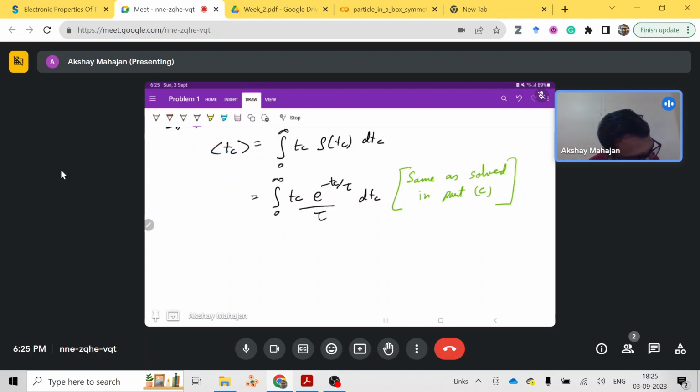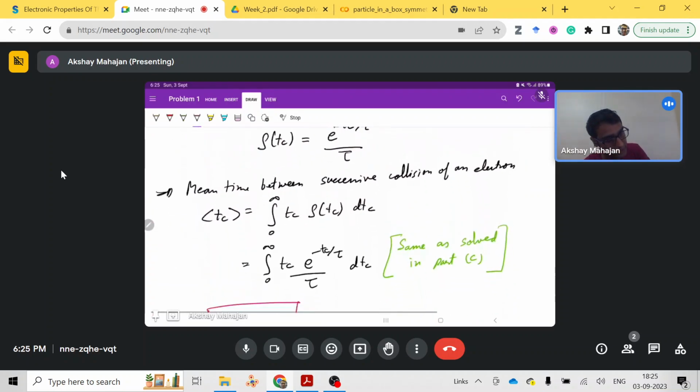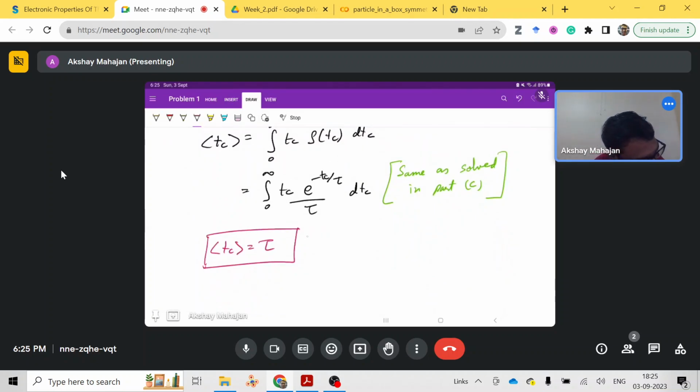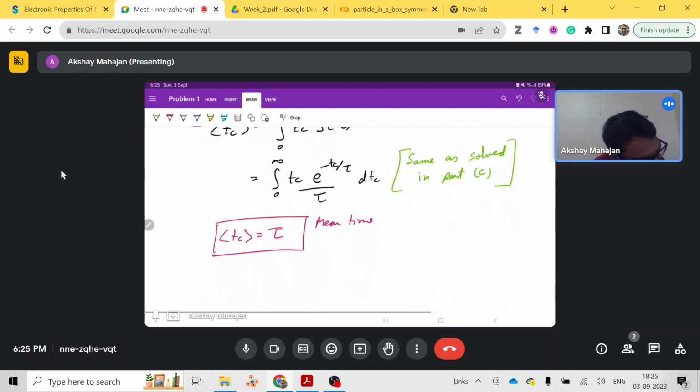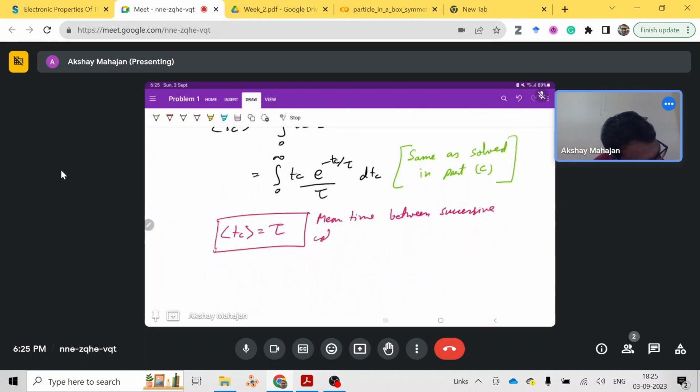Average Tc equals tau. So that is the mean time between successive collisions of an electron.